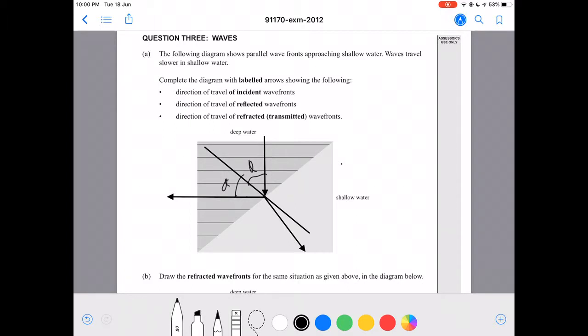So we have our rays drawn. This one is the incident wavefront, this is our refracted, and this is our reflected.